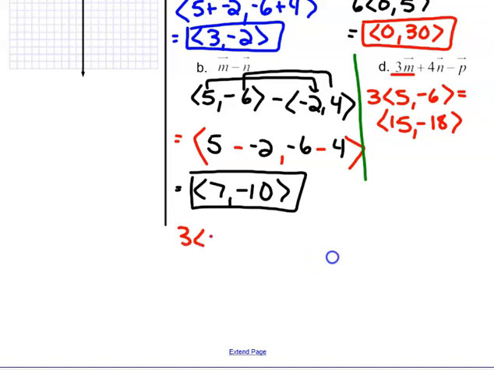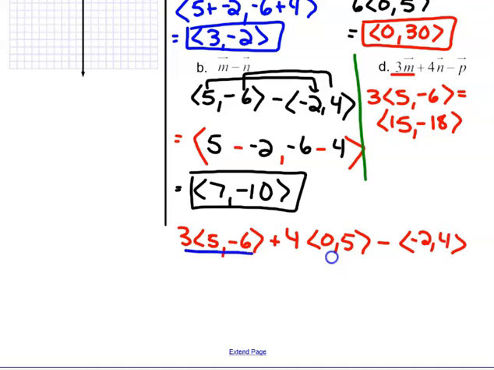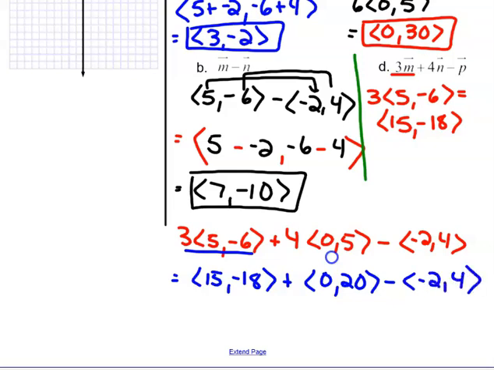So 3 times 5, -6, plus 4 times n, which is 0, 5, minus p. And p is -2, 4. Okay, so now we can just see it a little bit better. So this, like we were saying before, becomes 15, -18. We just distribute that 3. If we distribute the 4, 4 times 0, 4 times 5, and then we just rewrite the last one.